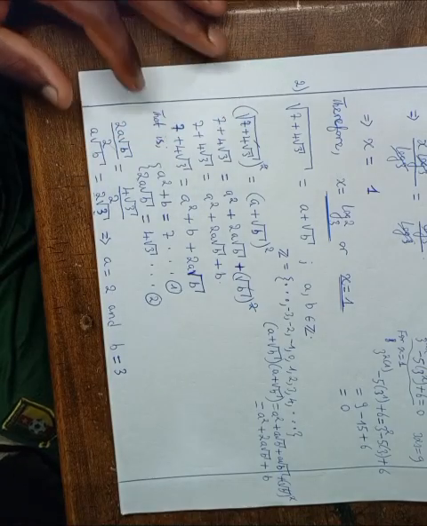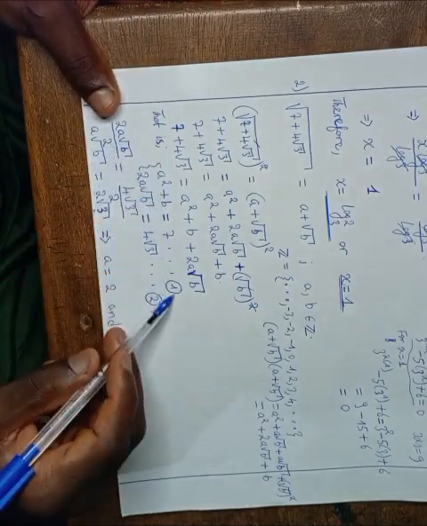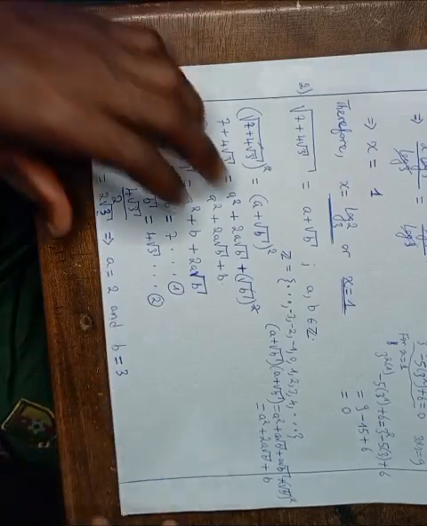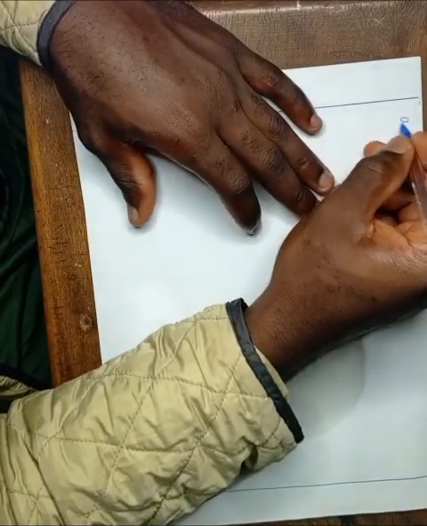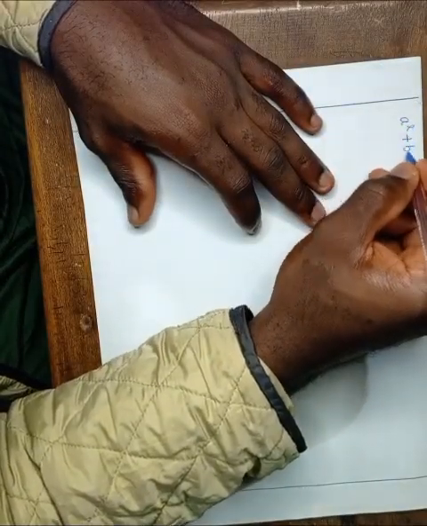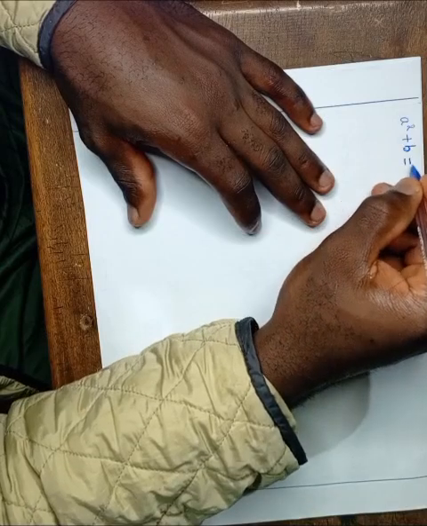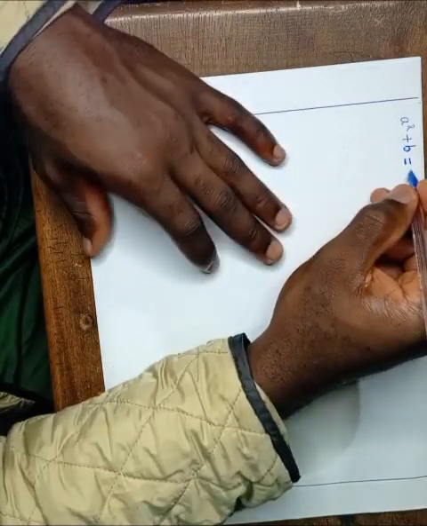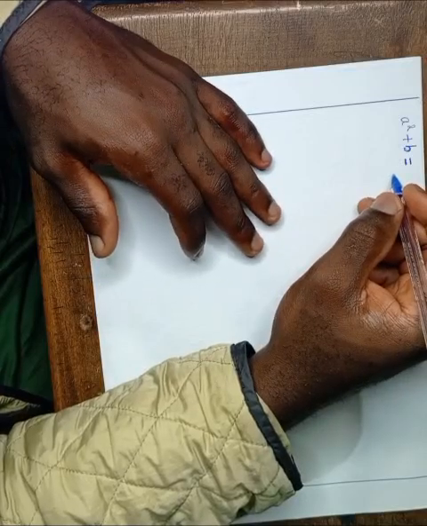Next, we are going to use now equation 1 to verify the values of a and b. Let's make use of equation 1. Equation 1 says a squared plus b is equal to 7. We are going to put the values of a and b here.